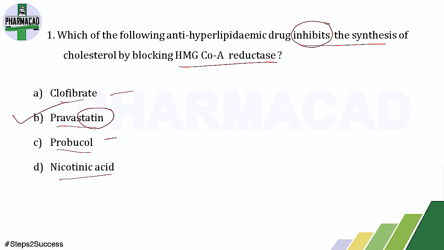Okay. Then we have nicotinic acid. What will it do? Lipolysis as well as triglyceride synthesis inhibition. So know the mechanism of action properly, and the correct answer here for inhibition of HMG-CoA reductase is pravastatin.